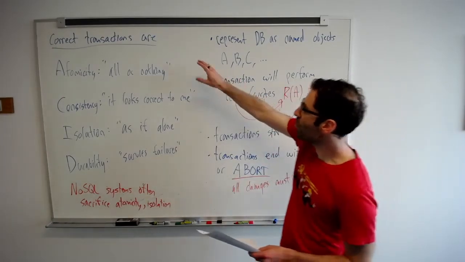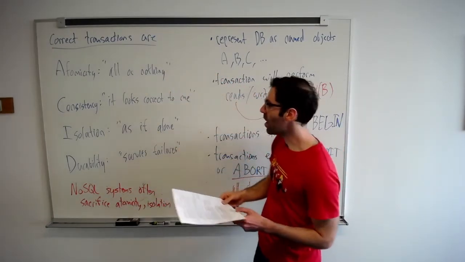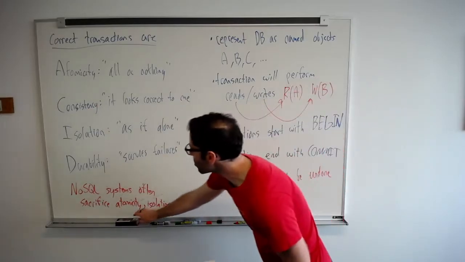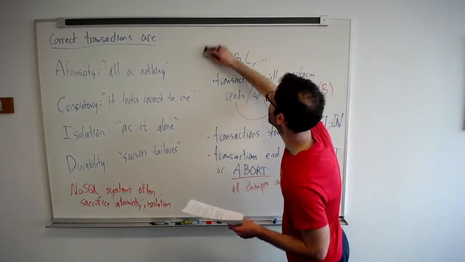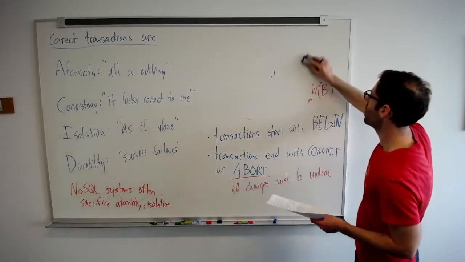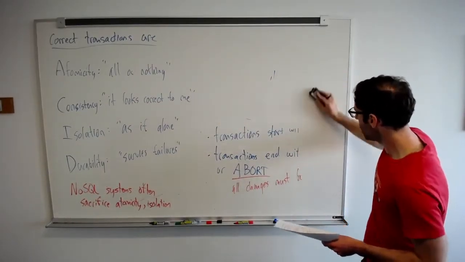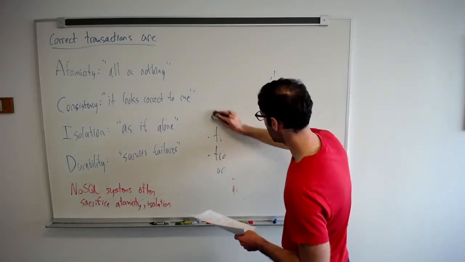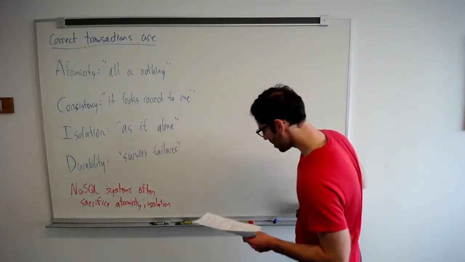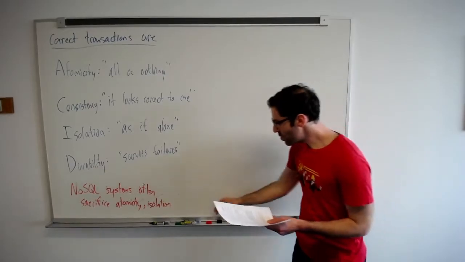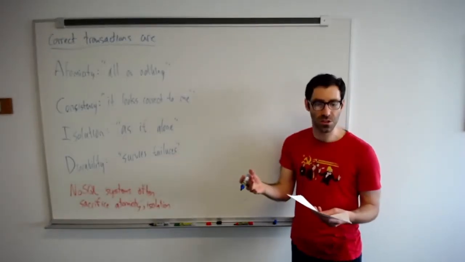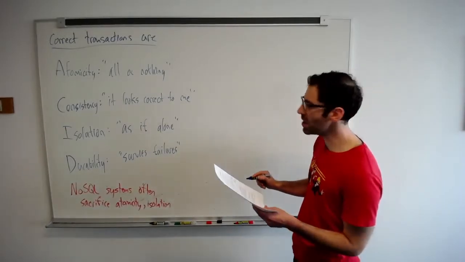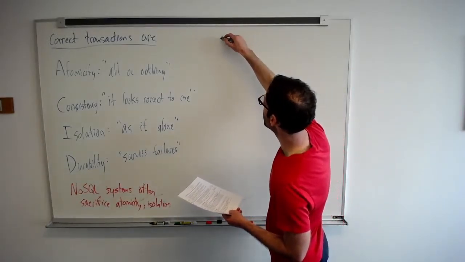So let's go through each of these one by one. We'll start off with atomicity. We have two scenarios that we want to make sure our database handles correctly when it comes to atomicity.